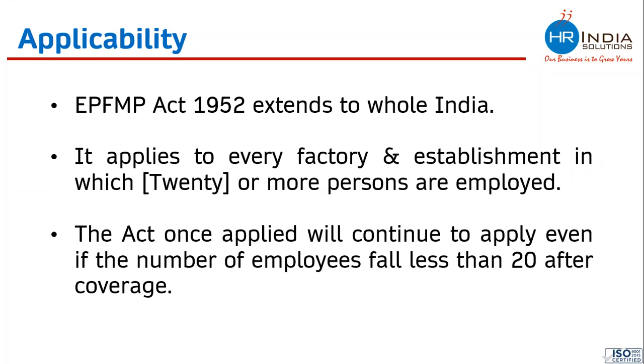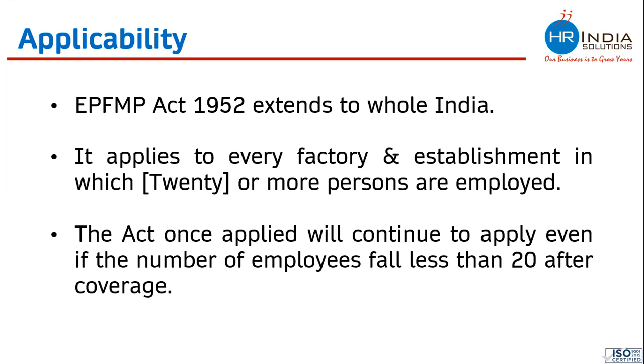Third, the act once applied will continue to apply even if the number of employees falls below 20 after the coverage. Suppose there is a company which has employed only 18 people. So this act will not get attracted for that company. That company is excluded. Till the time any company reaches the number 20, this act will not become applicable.